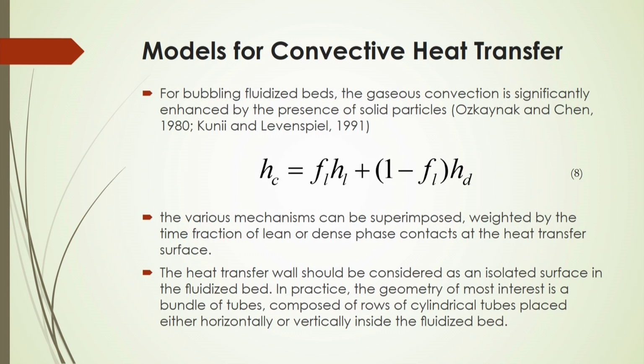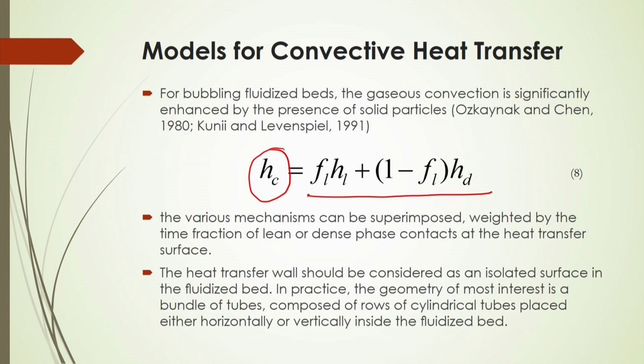So, in that case this heat transfer coefficient is denoted by fl hl plus 1 minus fl into hd. Now, the various mechanisms that we have already discussed may be superimposed, that is weighted by the time fraction of the lean or dense phase contacts at the heat transfer surfaces there.